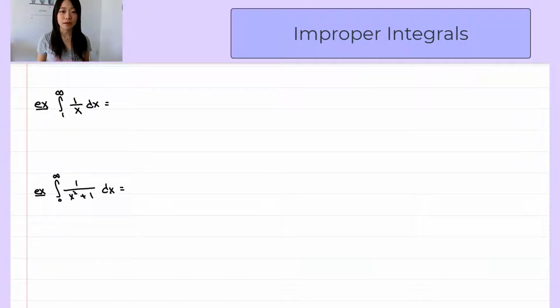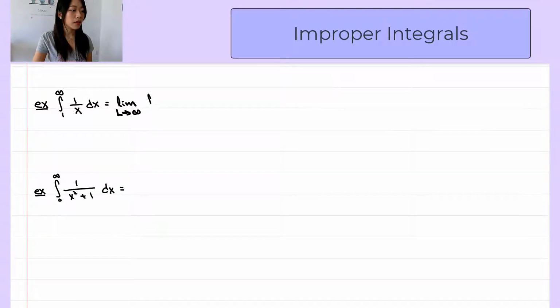Now let's look at some examples. The first one, we have the integral of 1 over x, evaluated from 1 to infinity. So we use the approach: we are going to replace the infinity by some other value, for example L, and take the limit as L goes to infinity.